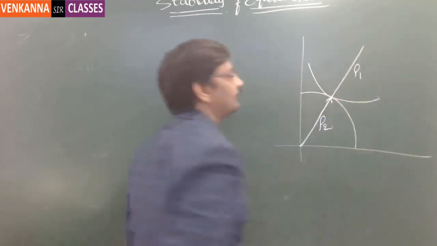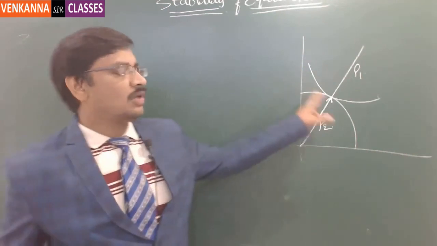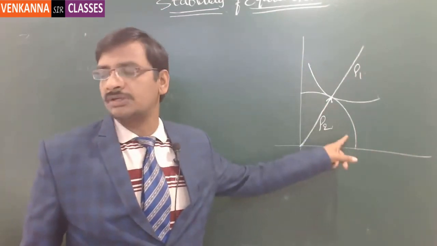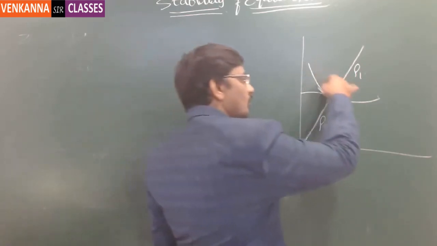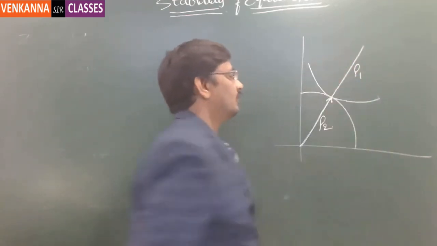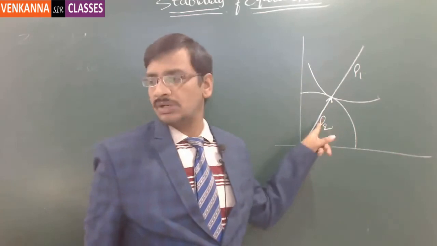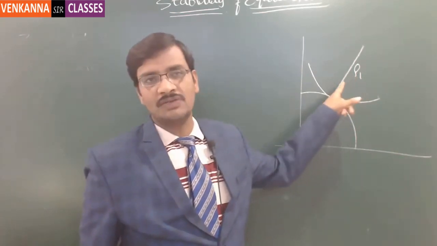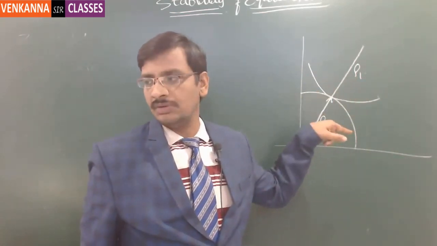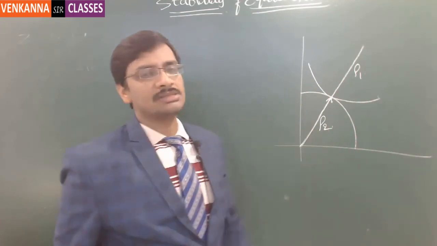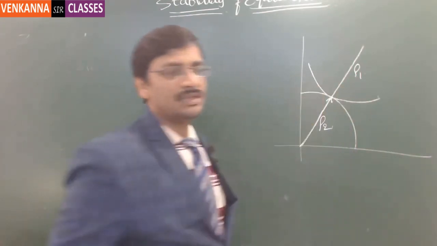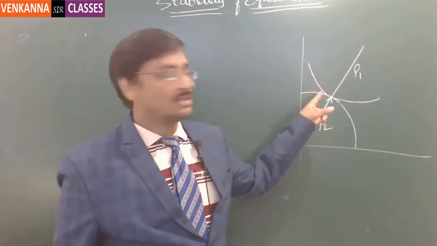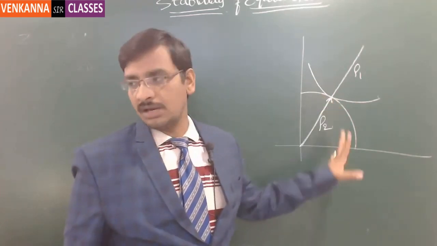I have just drawn a portion of each body. Then I am asking a simple question: currently it is under equilibrium, but whether this equilibrium is going to be stable or not.